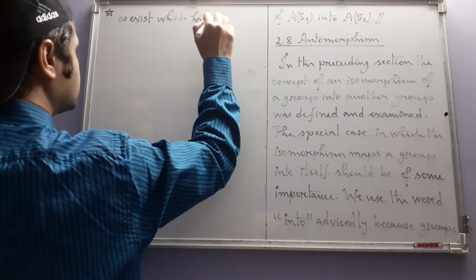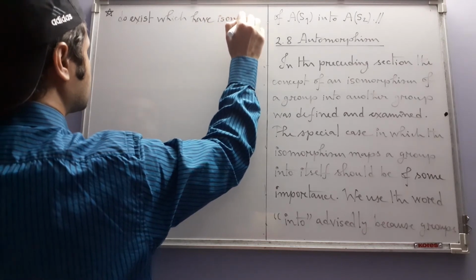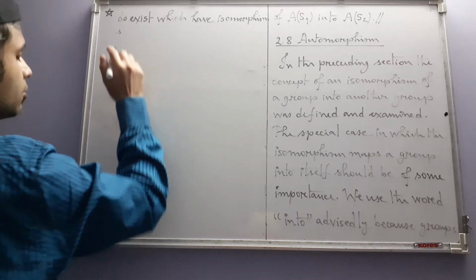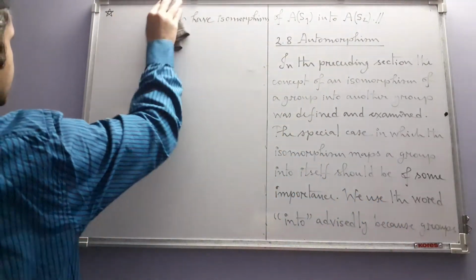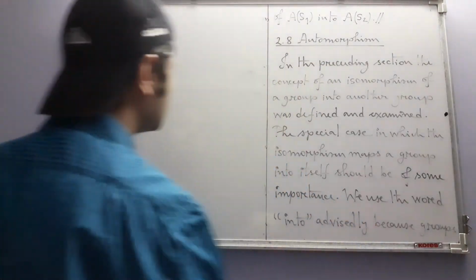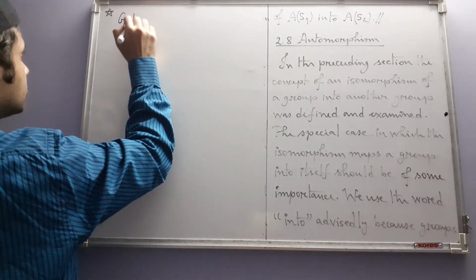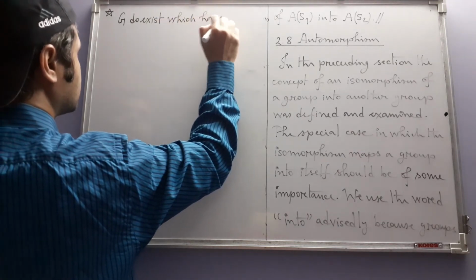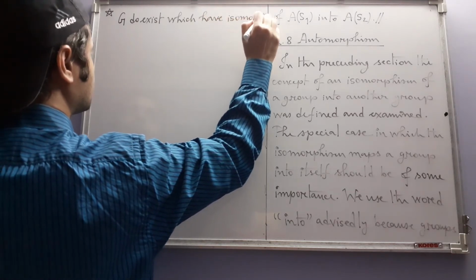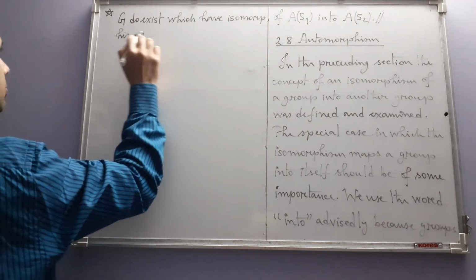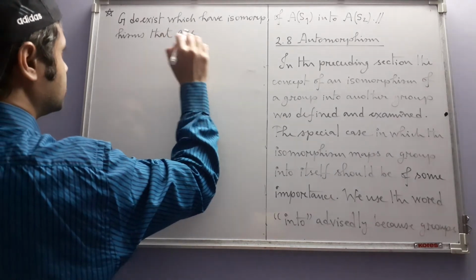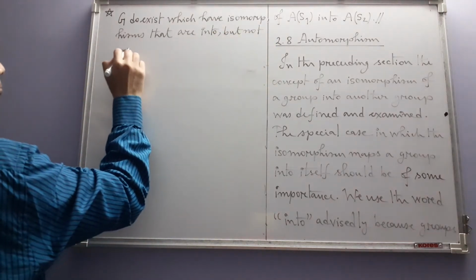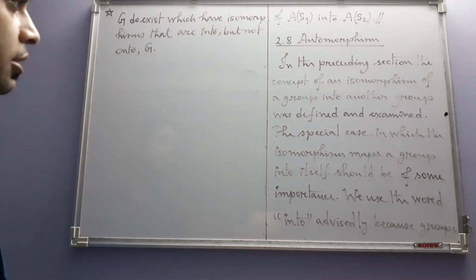Let's just write the sentence like this: groups G exist which have isomorphisms that are into but not onto G. Such isomorphisms are there.